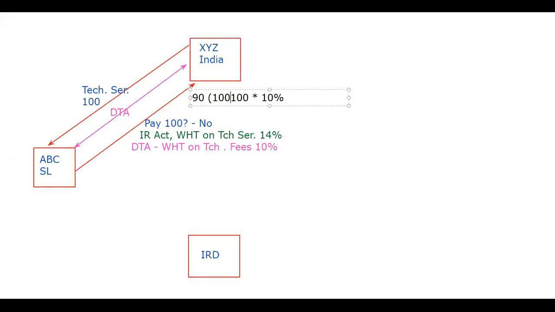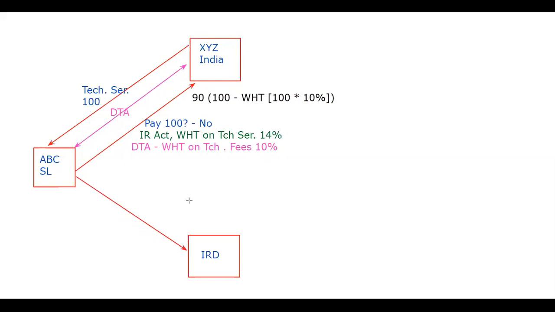Let's say 100 minus withholding tax. Withholding tax means this one. After deducting this, then 90. Whatever amount they have deducted, they are required to pay to the Inland Revenue Department.